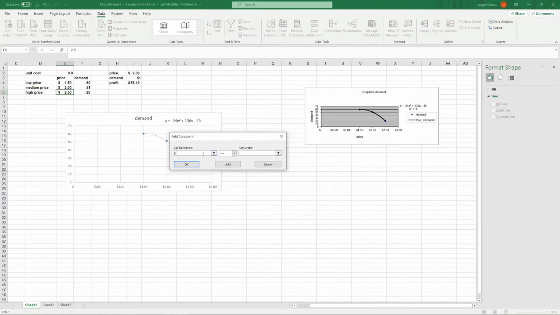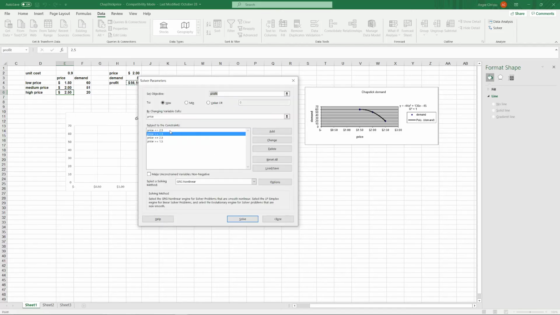And then again, we want our price, which is basically this cell, to be less than or equal to 2.50. So when you think about the constraints, make sure you double check your less than or greater than, so you don't do it the other way around. Sometimes we might overlook that, okay? So these are the same.